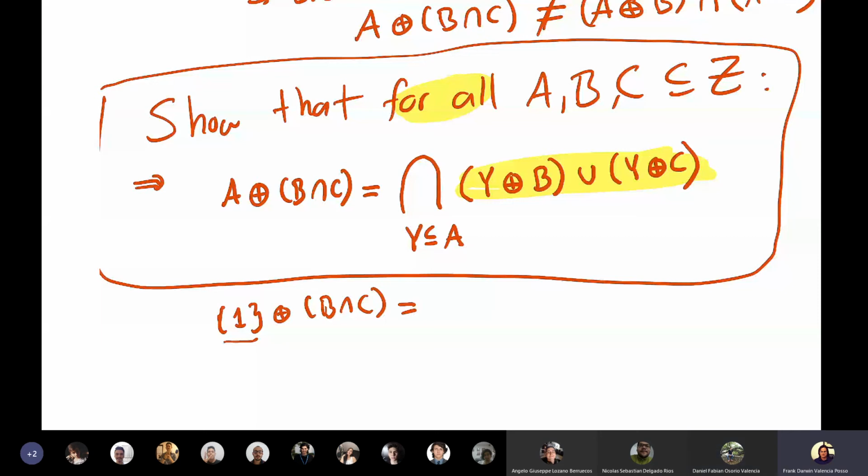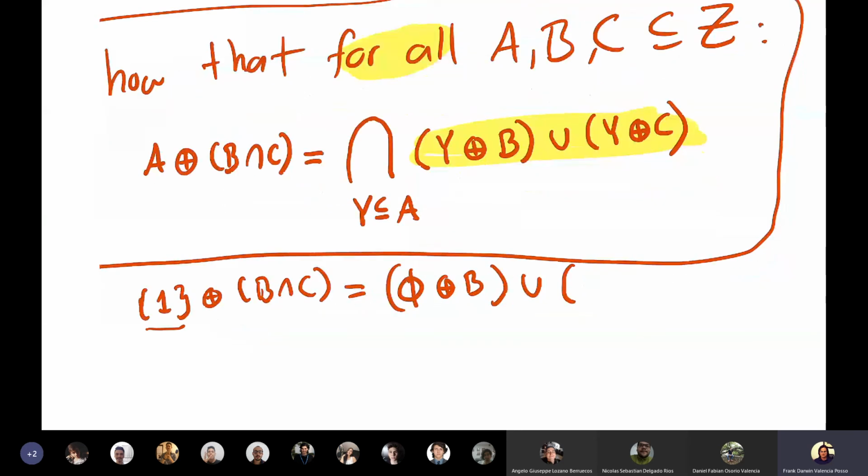Entonces vamos a ver, sería la intersección de Y cuando Y es igual a vacío, entonces sería vacío más B unido. Acabo de encontrar un error. Menos mal me hicieron esa pregunta.